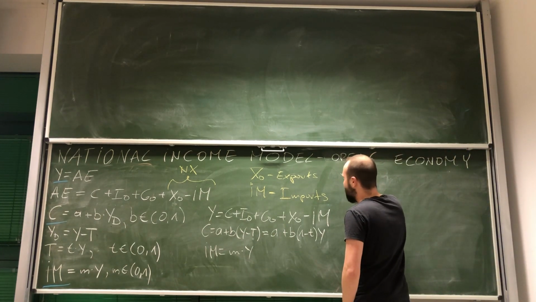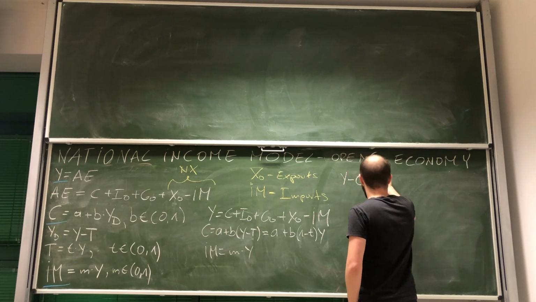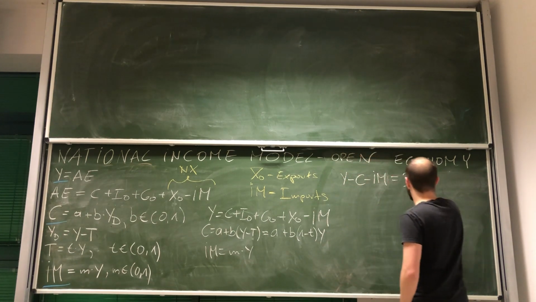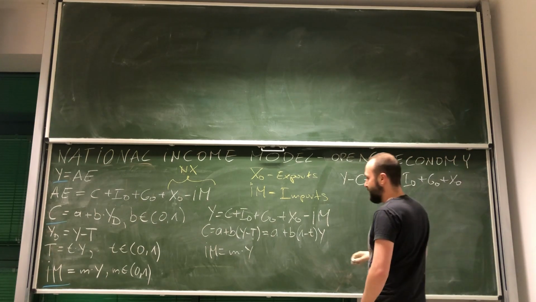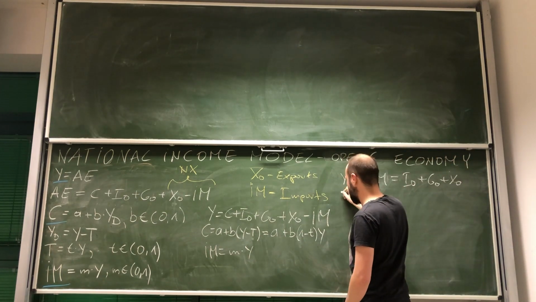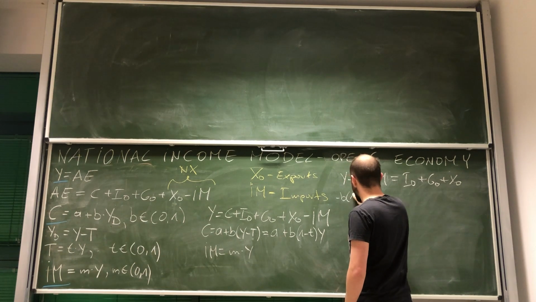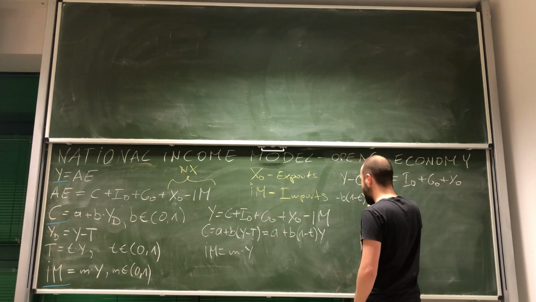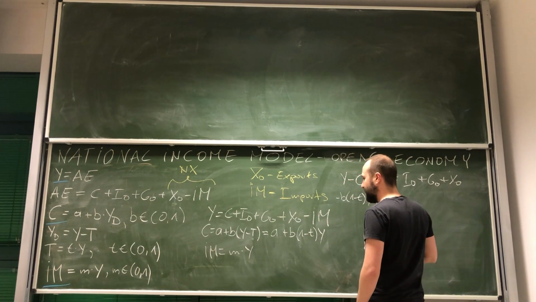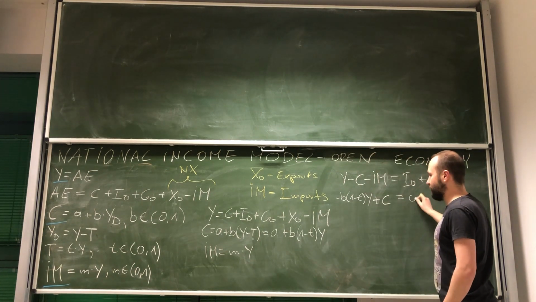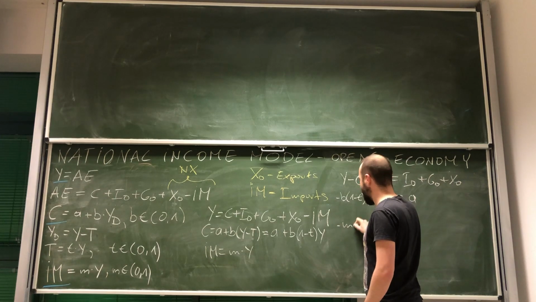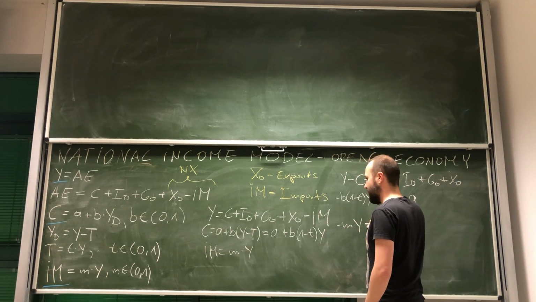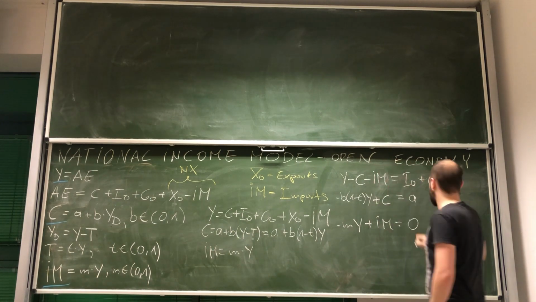So we've got y minus c plus IM is equal to I0 plus G0 plus X0. Then we've got negative b(1 minus t) y plus c equals a, and negative m y plus IM equals 0.